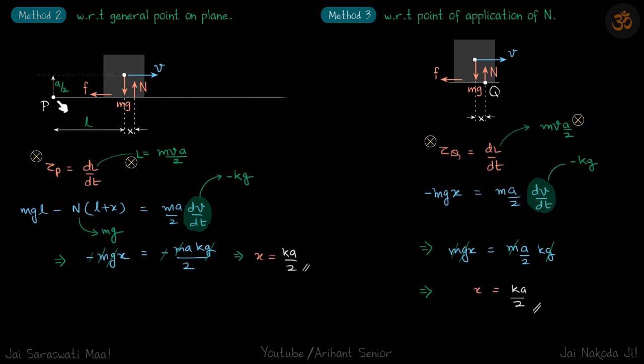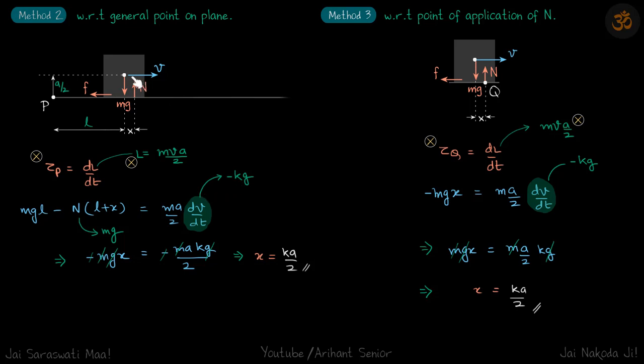So what is the angular momentum about point P? That is mv into A by 2. This L is positive because in our sense we have taken the inside direction as positive. So we put that value here. So we get ma by 2 into dv by dt, and we know dv by dt is minus kg.